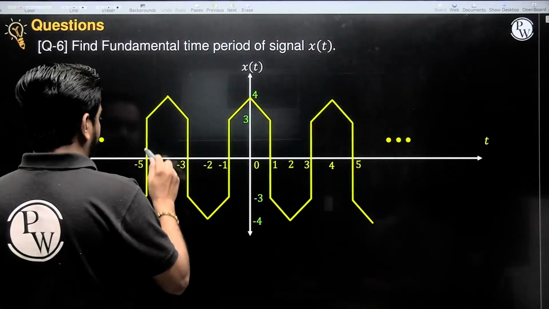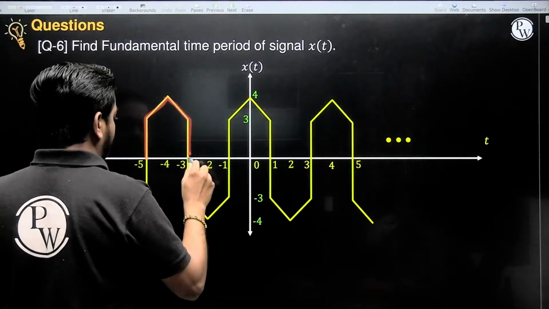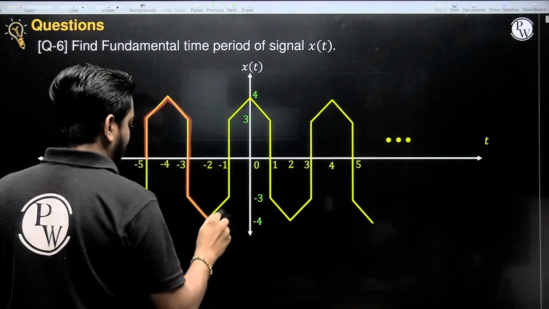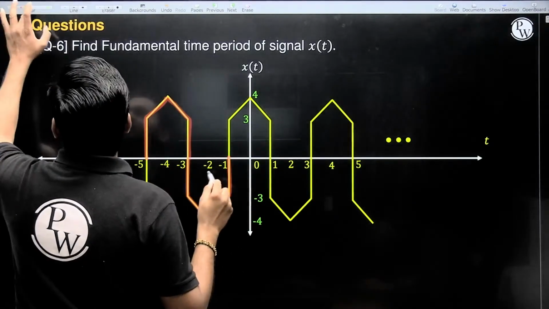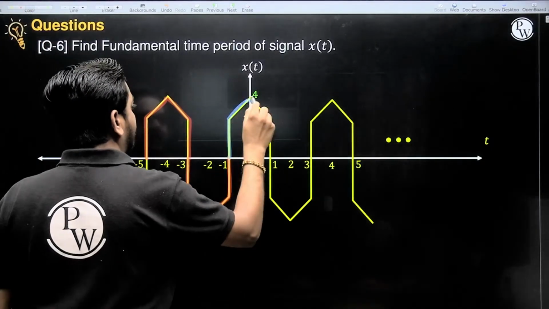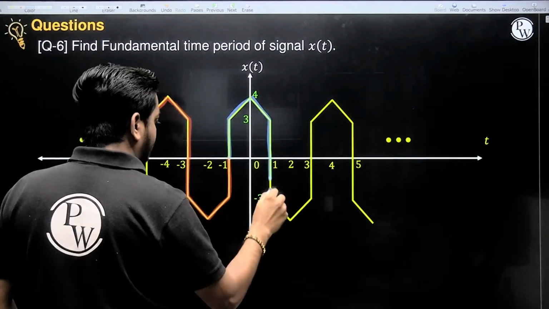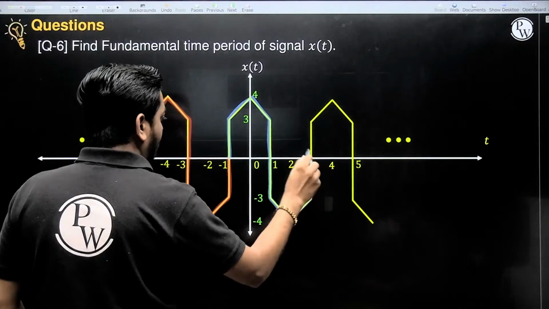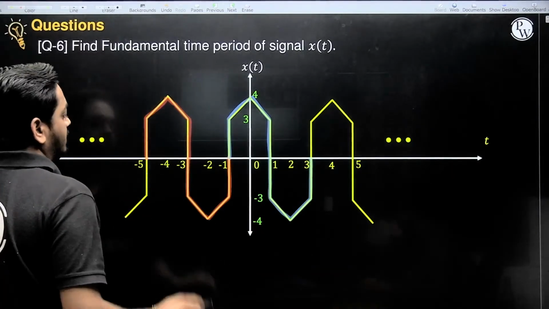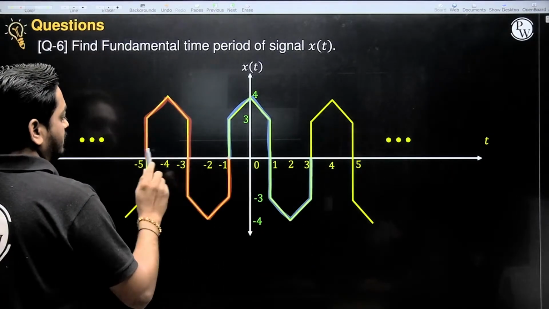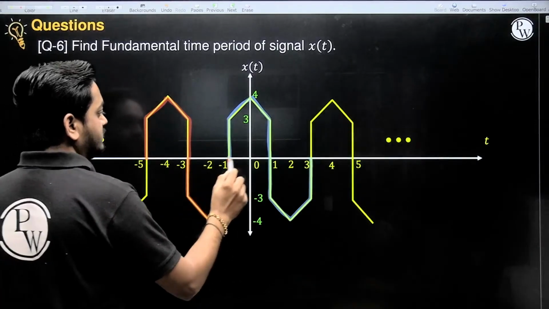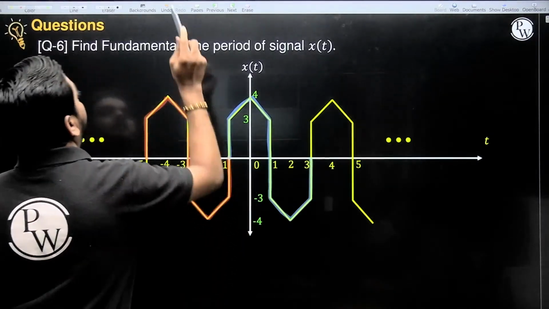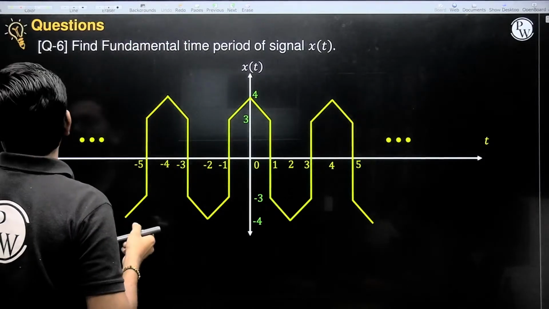You can say this is the positive half cycle and this is the negative half cycle. Again here, this is the positive half cycle and this is the negative half cycle. Correct? So between -5 and -1, same between -1 and 3, guys, and so on. This is also a periodic signal.